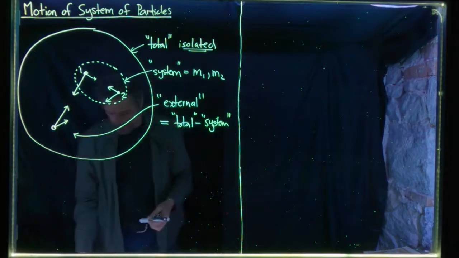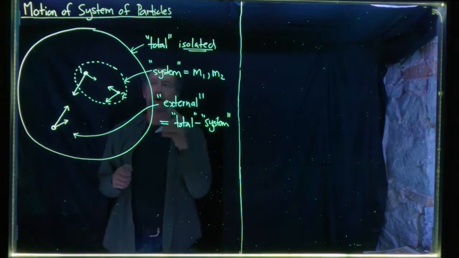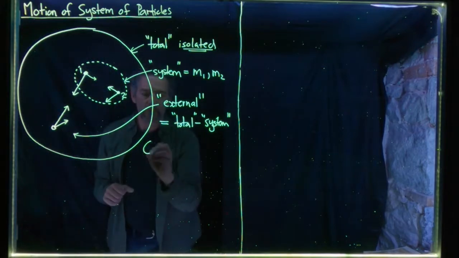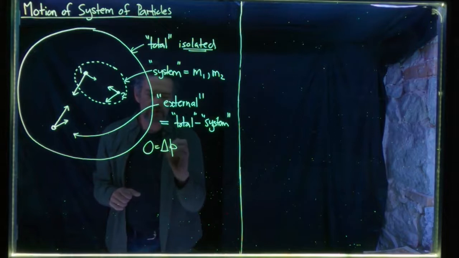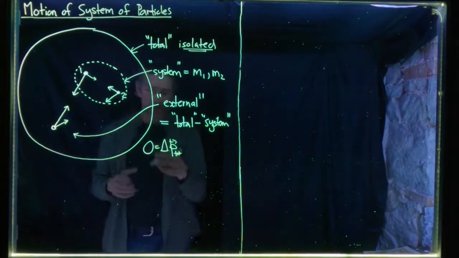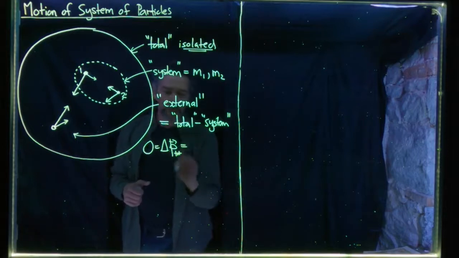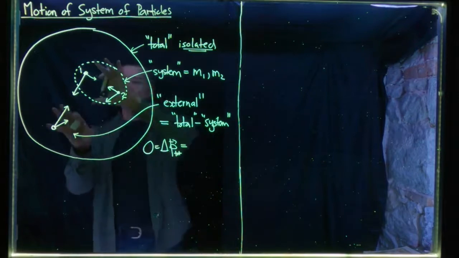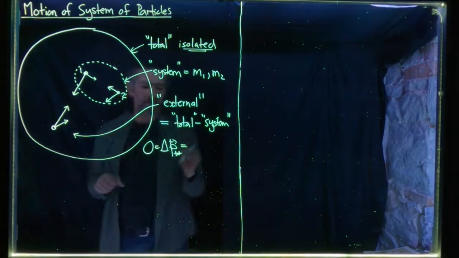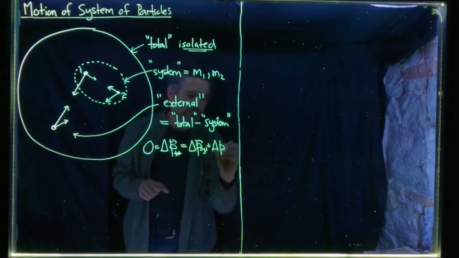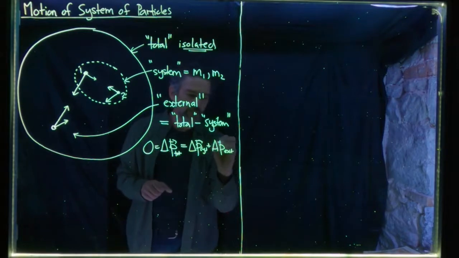Okay, and because the total is isolated, we know that the change in momentum of the total set of three particles has to be 0. But that change in momentum of the total consists of two parts, the system and the external. So it's the change in momentum of the system plus the change in momentum of the external particles.